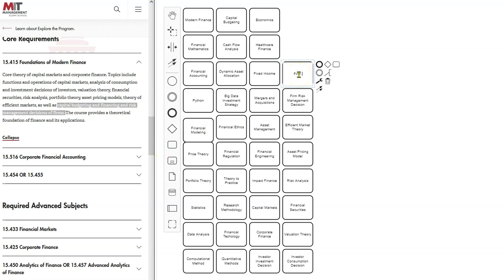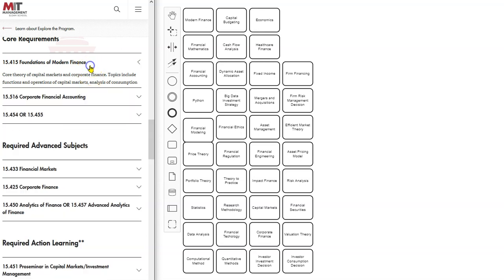And firm financing. All right. So financing specific to a firm. Excellent. So we've got a lot here already. Let's move on. That's foundations.